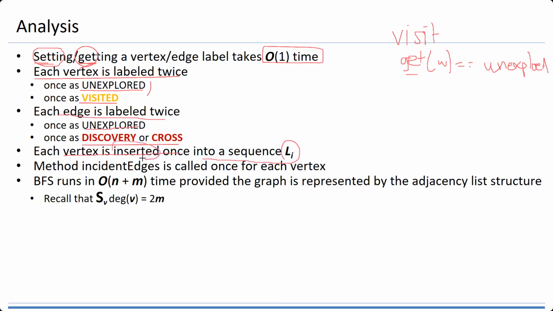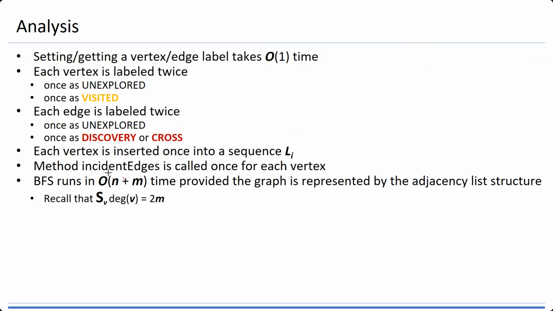So when we have a new vertex, then it will be inserted into Li. So the method incidentEdges is called once for each vertex. Then in the worst case, we say that this is O(n + m).